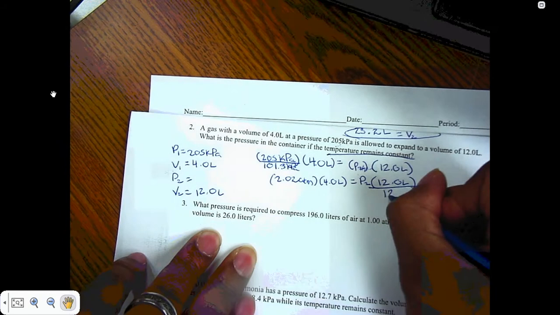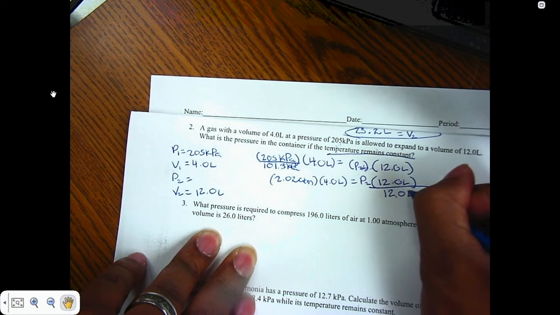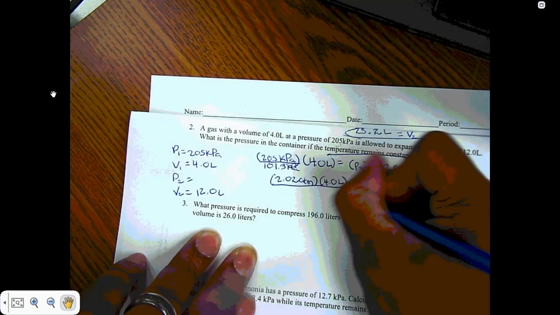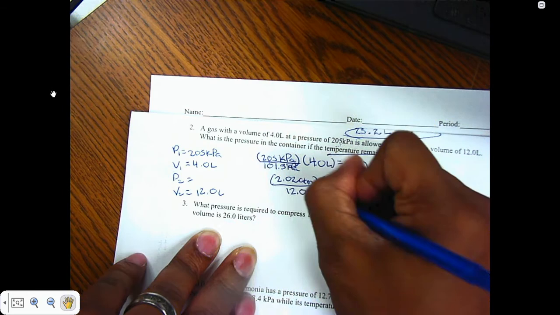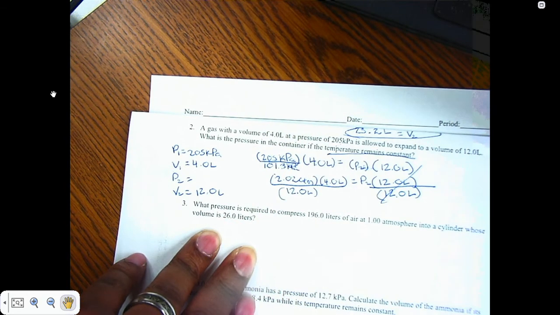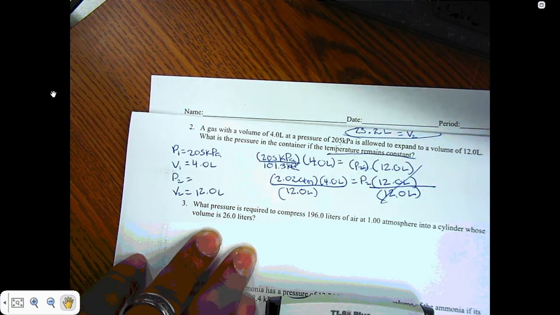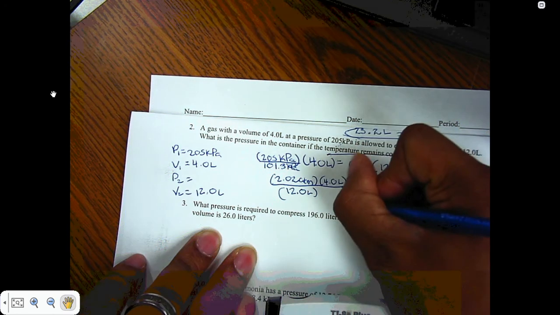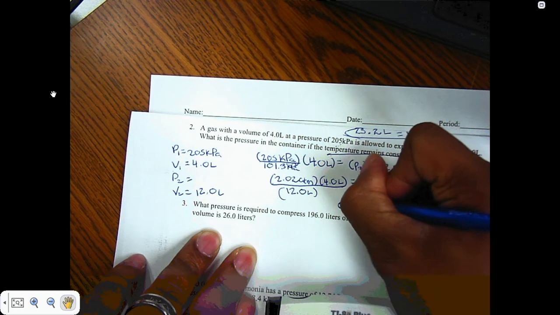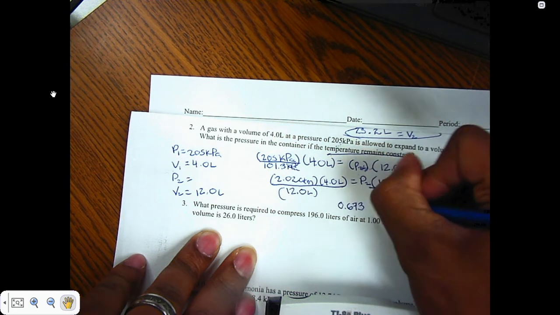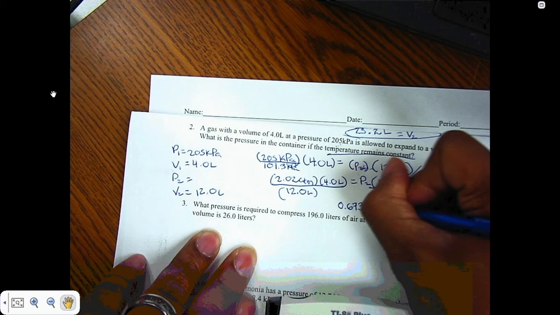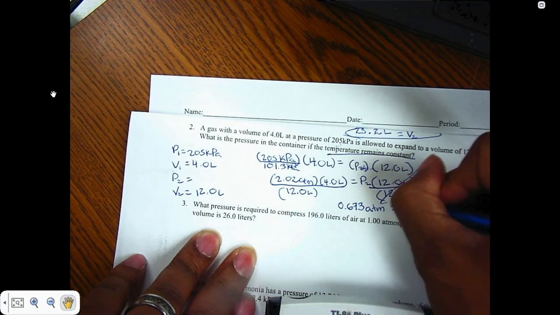Divide both sides by 12 liters. That cancels out. And when we step forward in solving it, we yield a value of 0.673 ATMs is equal to P2.